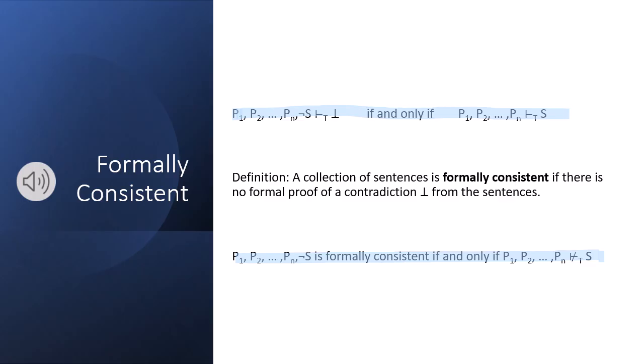So if and only if means they're true in the same circumstances, but they're also false in the same circumstances. And here, this is what it means for those two sentences to be false. Okay, so on our next slide, we'll talk about how we prove a statement along these lines. But again, we'll need this bit of information about our formal proofs and this notion of formal consistency later on when we talk about the proof of the completeness theorem for propositional logic.